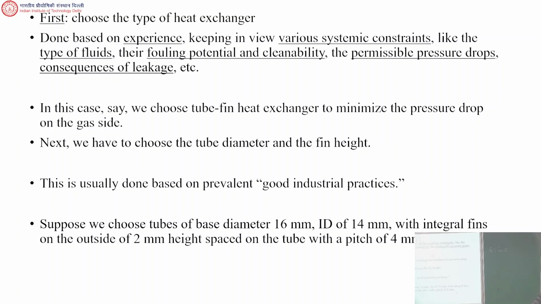Okay, so that means that there are engineers in your company who have used finned tube heat exchangers for maybe similar kinds of applications. So they say that maybe this sort of configuration should work. Okay, then we start with this. Now in any design process, of course, if this doesn't work, we can change it, right? You have done machine design, and in undergraduate you have done maybe 1 or 2 courses on machine design. So you know that you start with something and if necessary you change that also. So these are the choices that we are going with.